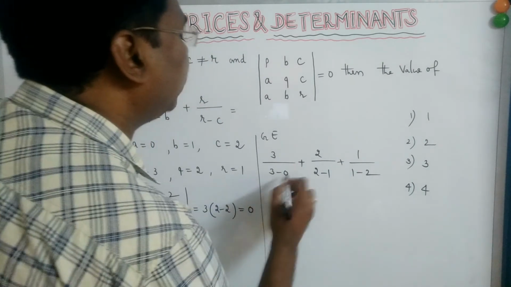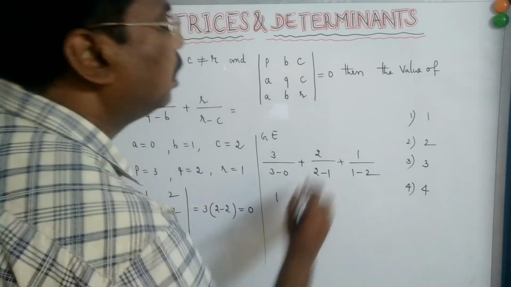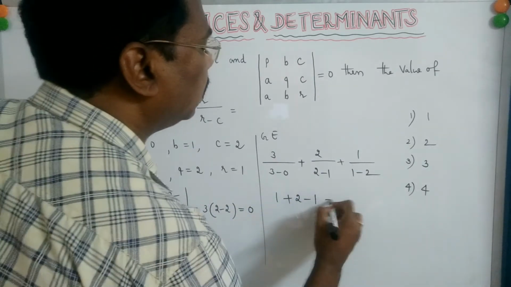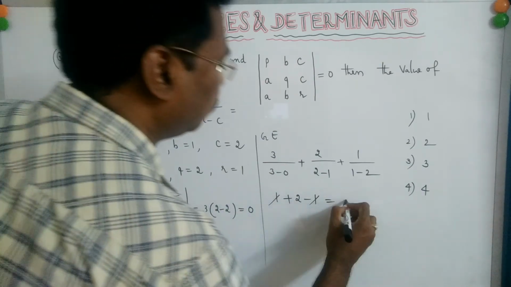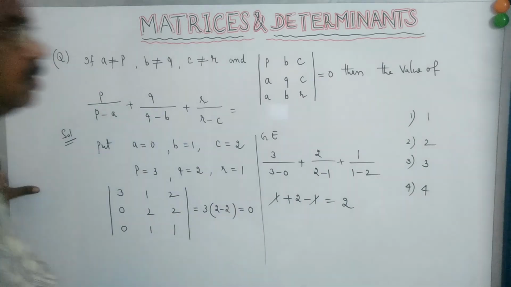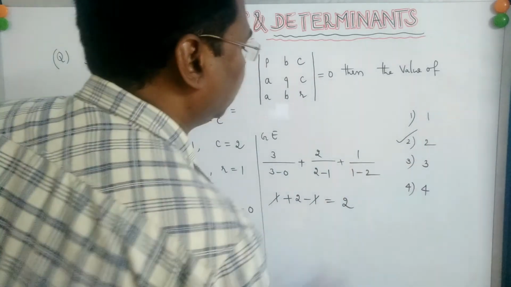Okay, now 3 by 3 is 1, plus 2, minus 1, is equal to 2. Therefore this value is equal to 2. Option 2 is the correct one.